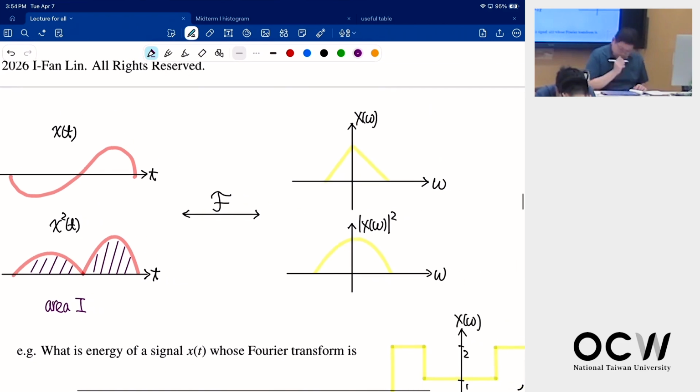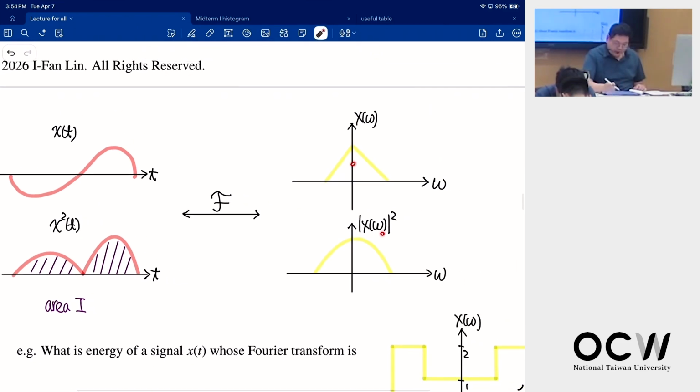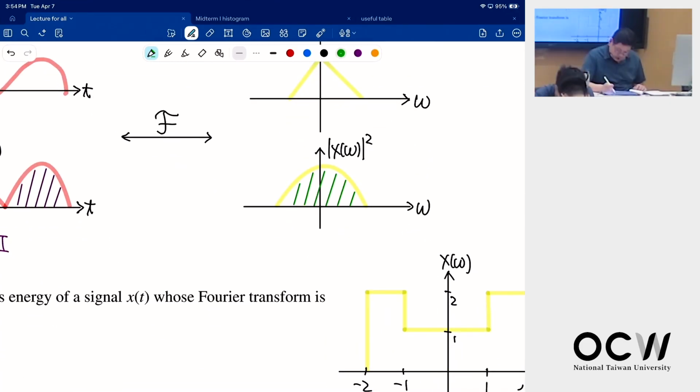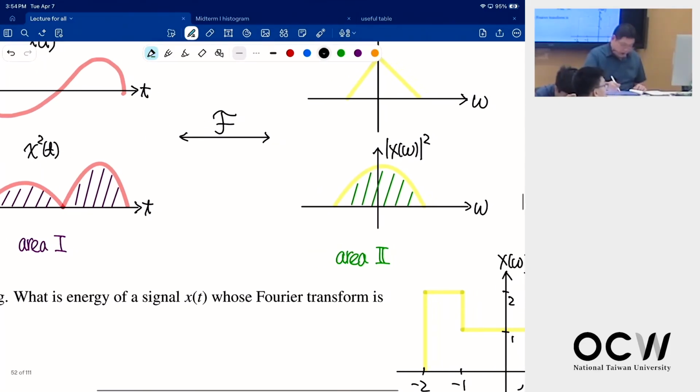Now in the frequency domain, this is also the energy. If I take the integration, I'm finding the area under this curve. This is area 2. So actually they should be equal, but I need to multiply by 2 pi here.